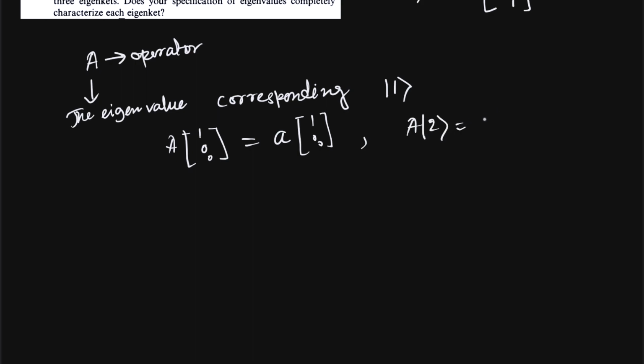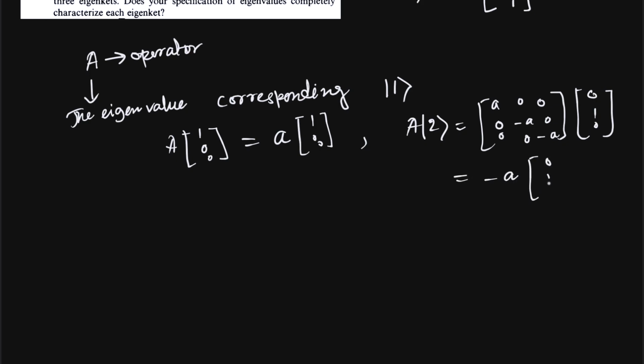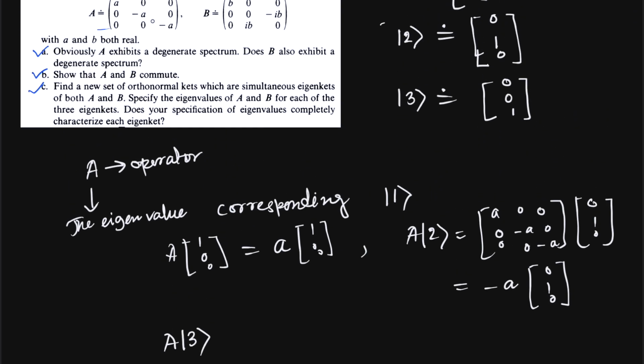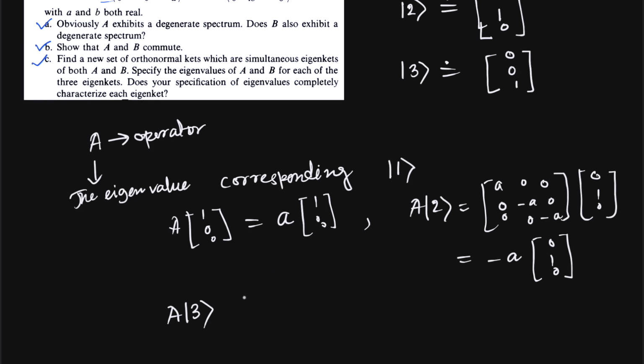And the eigenvalue corresponding to |2|, that means minus a, with eigenket (0, 1, 0). And for |3>, similarly, it will be the same as for |2>, which will be minus a, with eigenket (0, 0, 1).